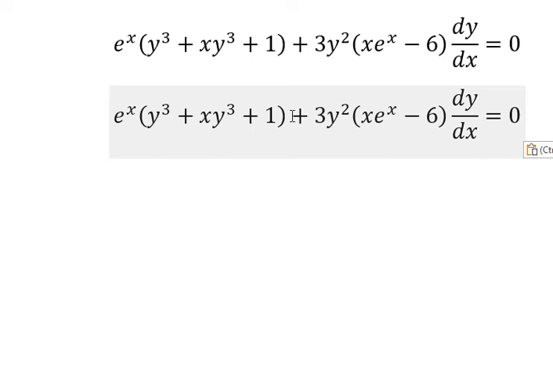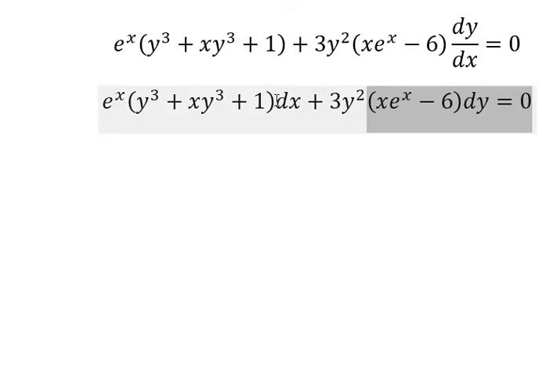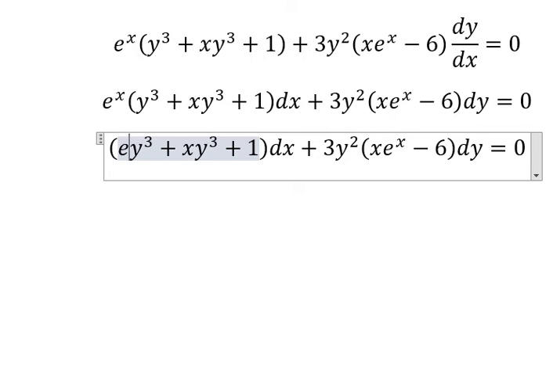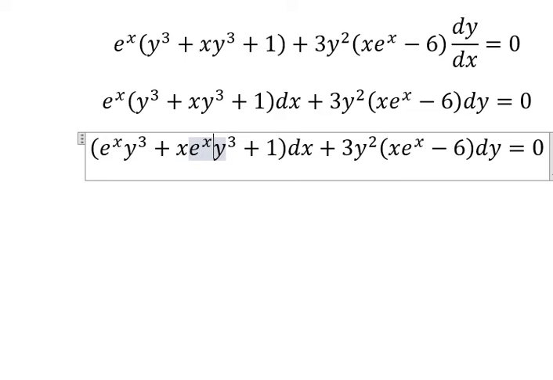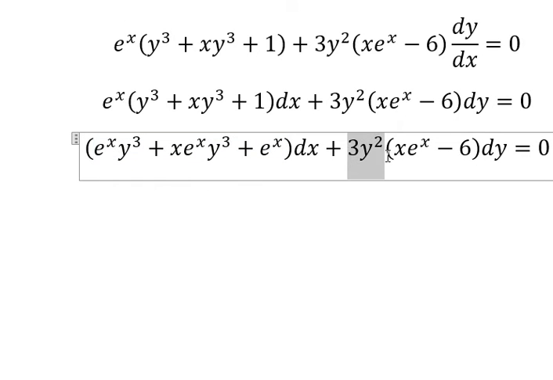We put the s goal here. Next, e to the power of s multiplied by this one, and this one. So this one with this one and number 6.